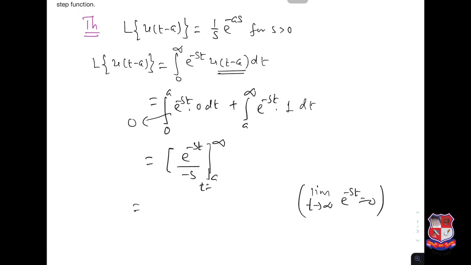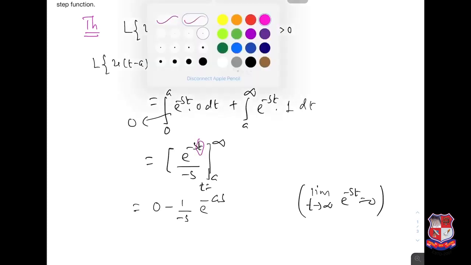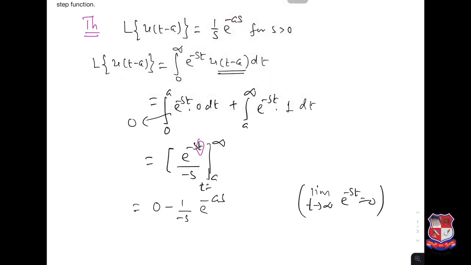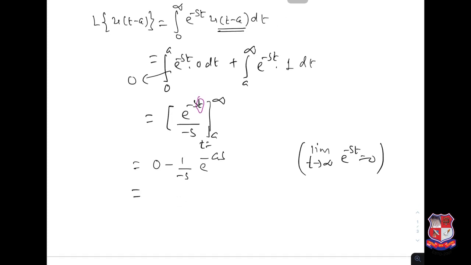So when we apply infinity, that will be 0, and minus 1 upon minus s, e power minus as, since t is a. So we need to put t equal to a here, so that is e power minus as. So that is nothing but 1 over s e power minus as. So that is the Laplace transformation of the unit step function.